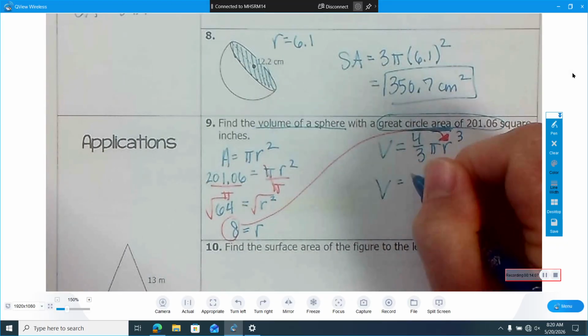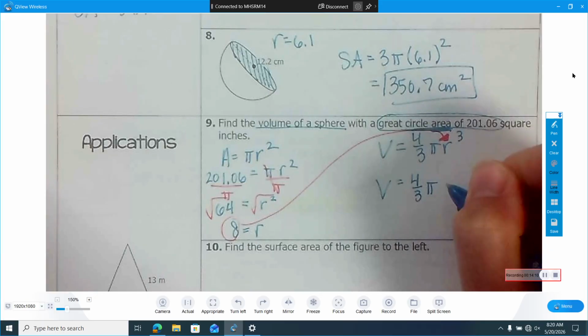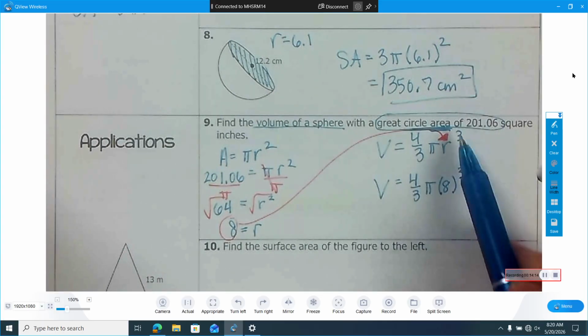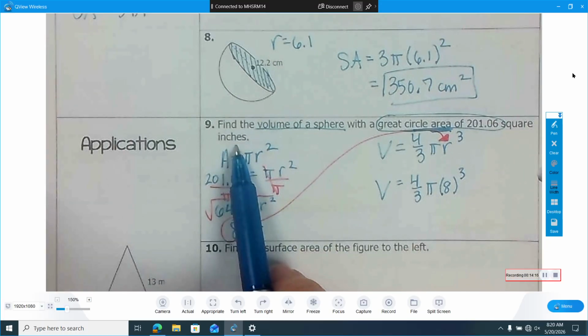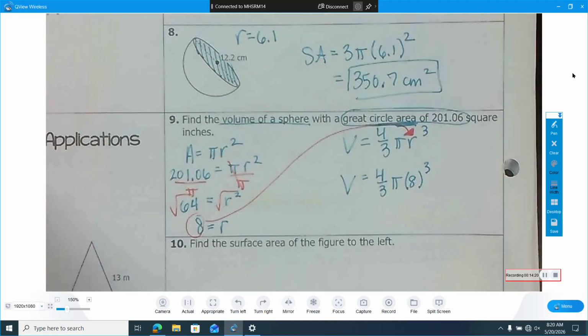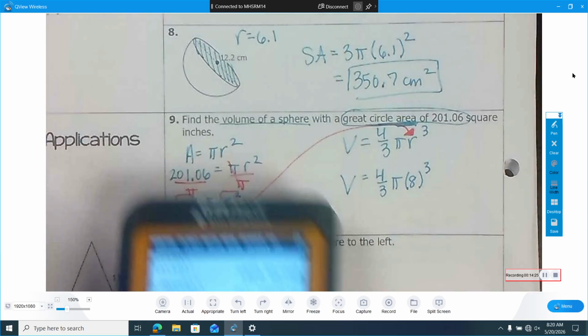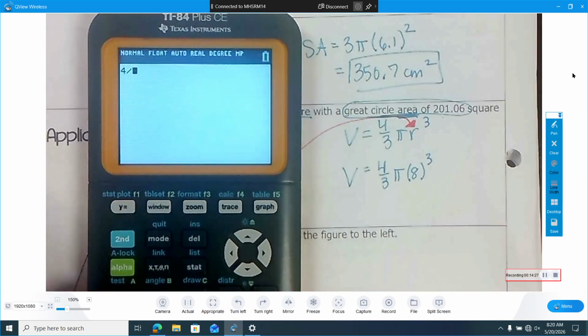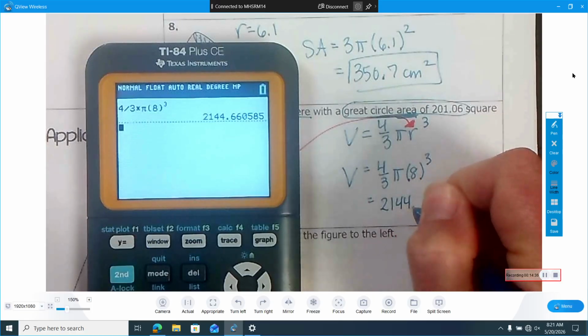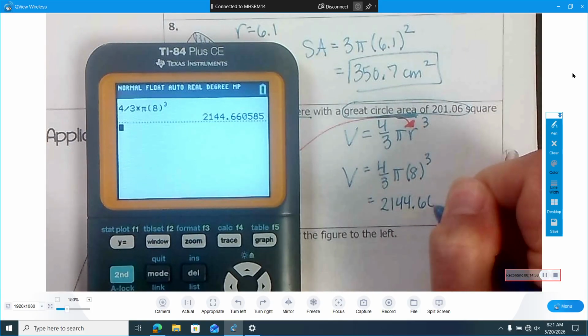So to find the volume, we have 4/3 pi times our 8 cubed. Thinking about units can be really helpful. They gave us square inches, so I know I'm going to have to use some sort of area formula. All right, 4/3 times pi times 8 to the third is 2144.66.